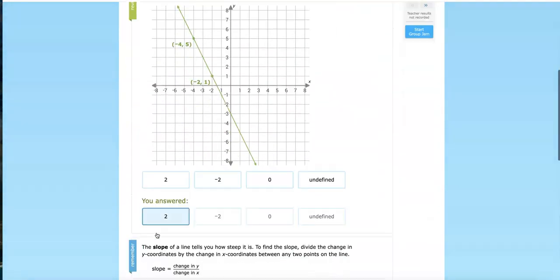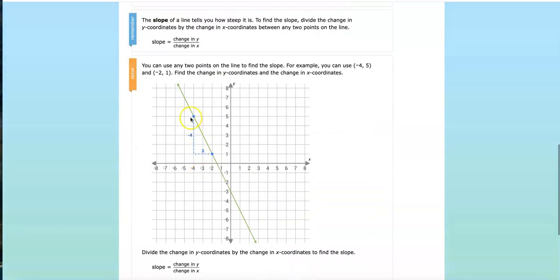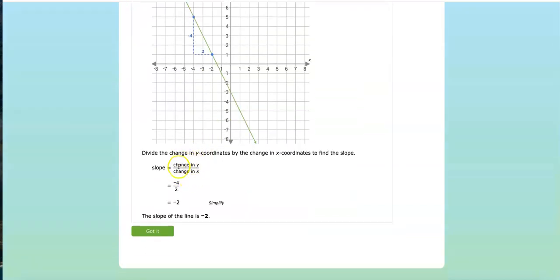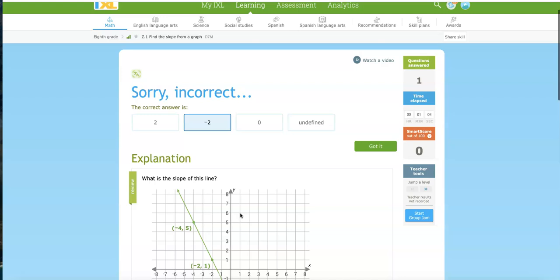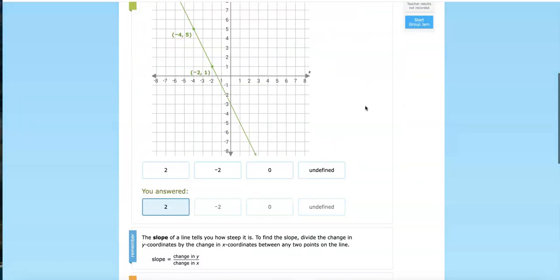It goes through a full explanation of how to find it, what it looks like, rebuilding what they just did, setting it up, showing them, and then explaining why and how it actually is -2. And the students can look back at this. There's also a video up here for them to learn from if for some reason they are completely lost and have no idea how to do slope from a graph.